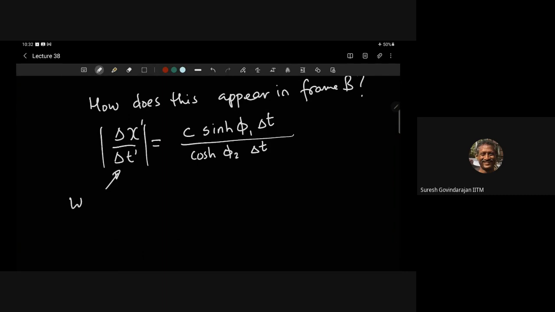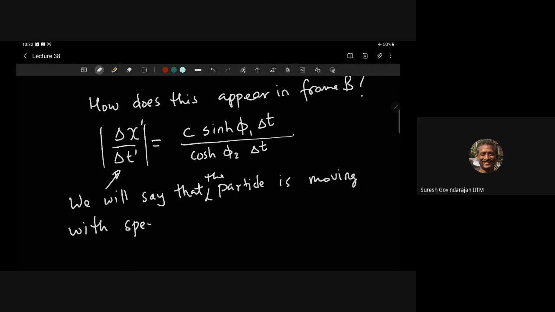So we will say that the particle is moving with speed. What speed? Delta t is cancelled, so this would be c times tanh phi. I just briefly mentioned this, I didn't show you this thing.